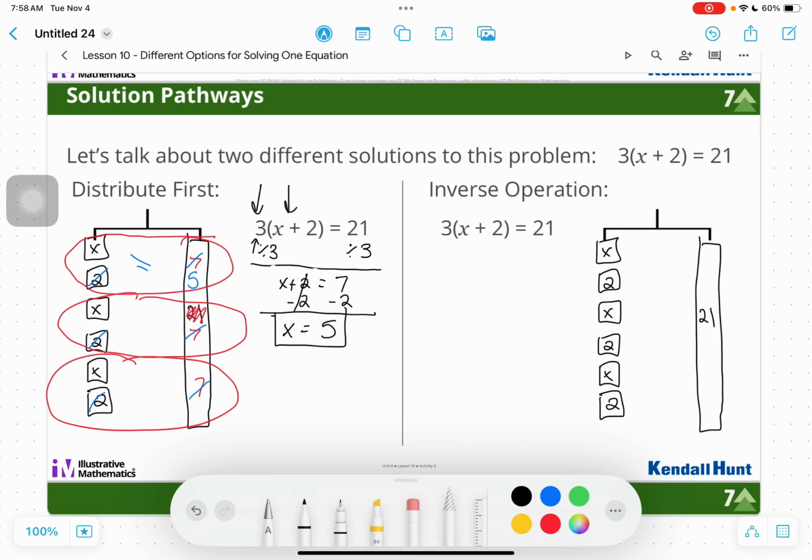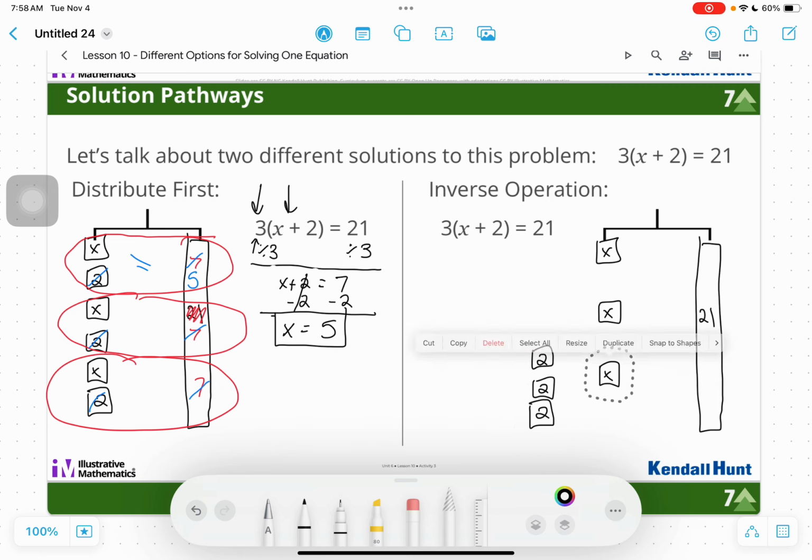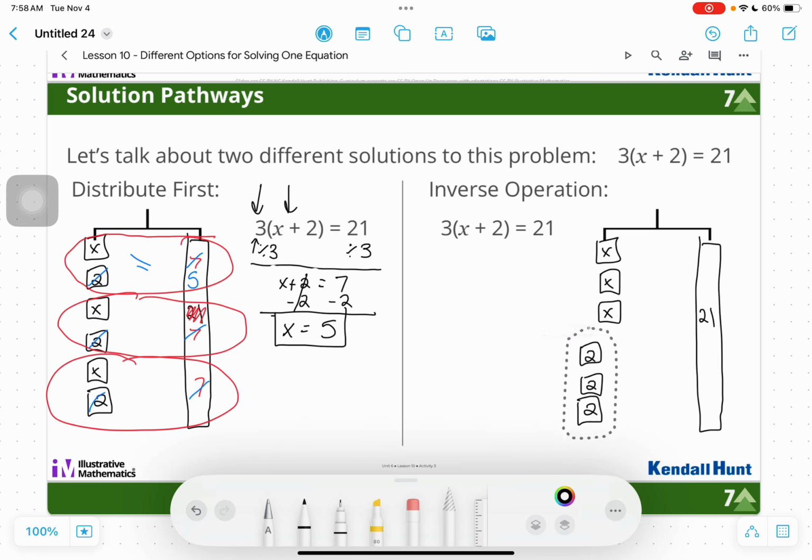equation? I could rearrange my hanger diagram to put all of my unit values together and all of my x's together to help see it more clearly. I clearly have 3 x's and 3 2's.